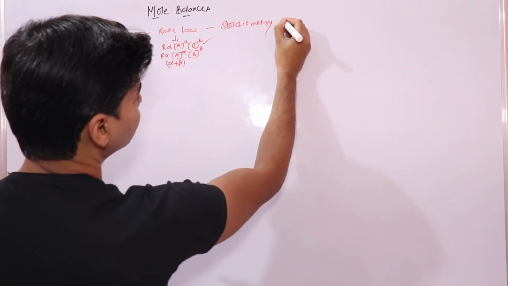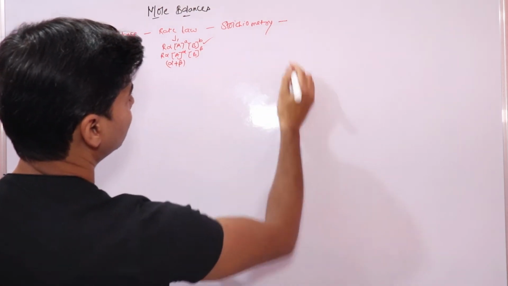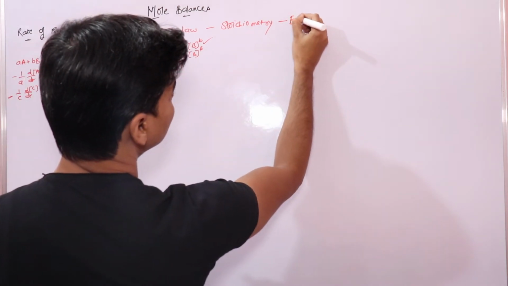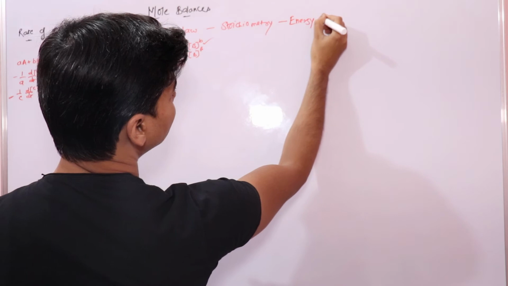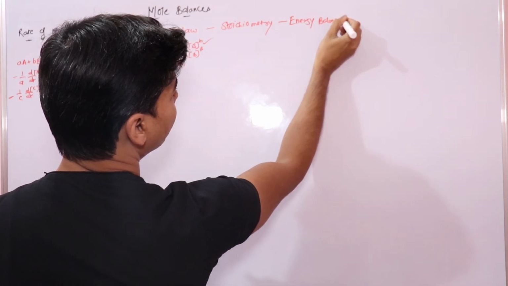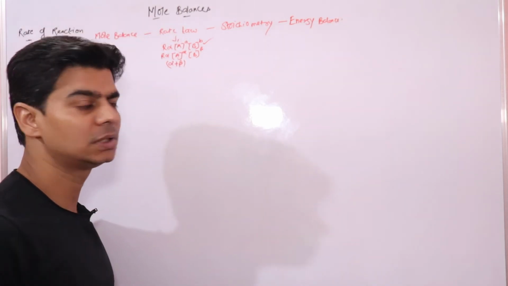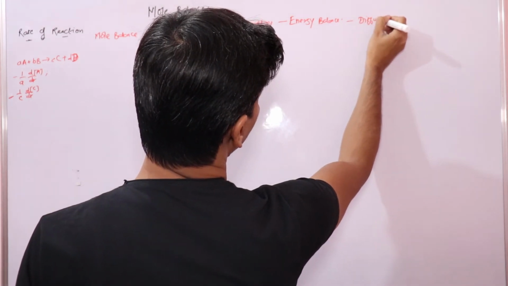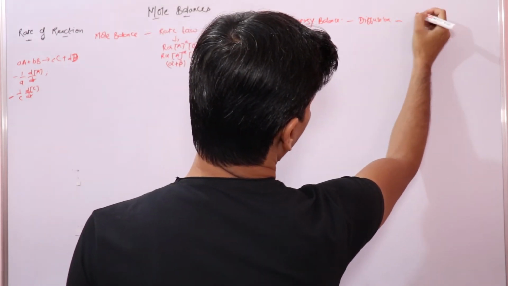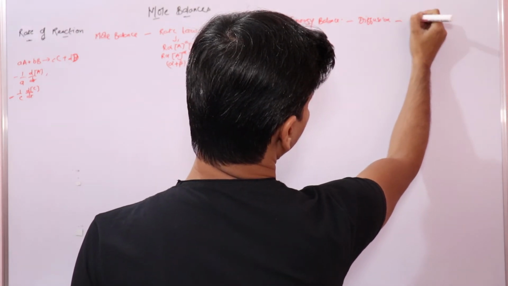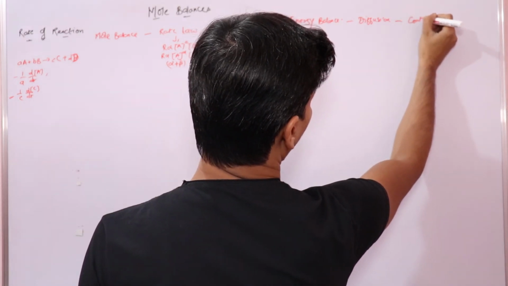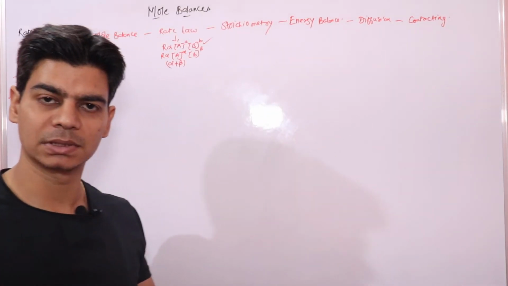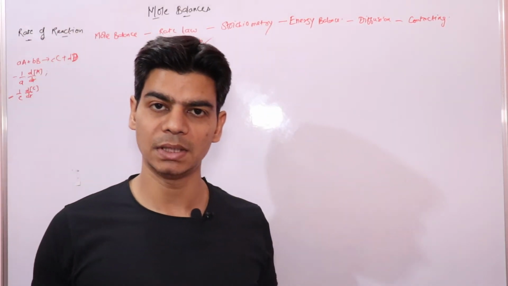Then the other pillar that you have is your energy balance, how to balance energy depending on the heat of the reaction. Then is your diffusion. Then is your contacting. By contacting we mean how well the reactants mix, how soon they mix, how well they mix.